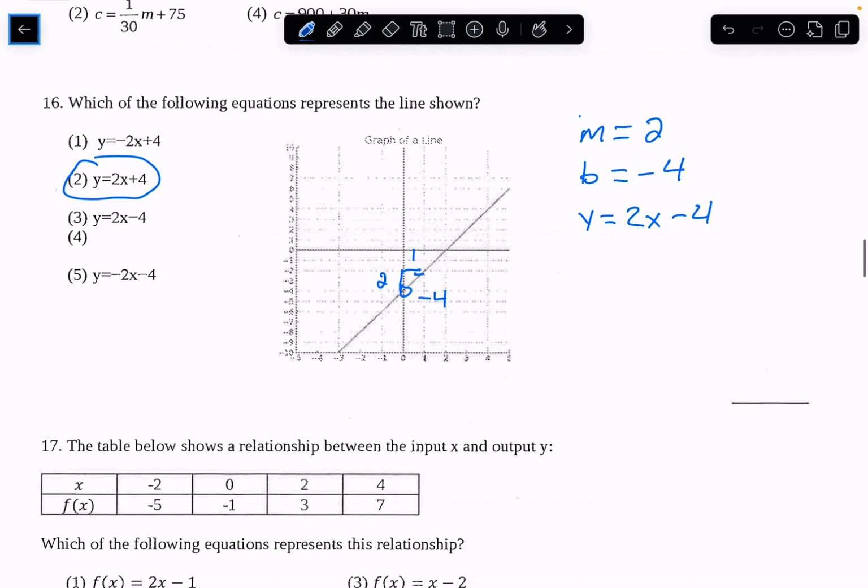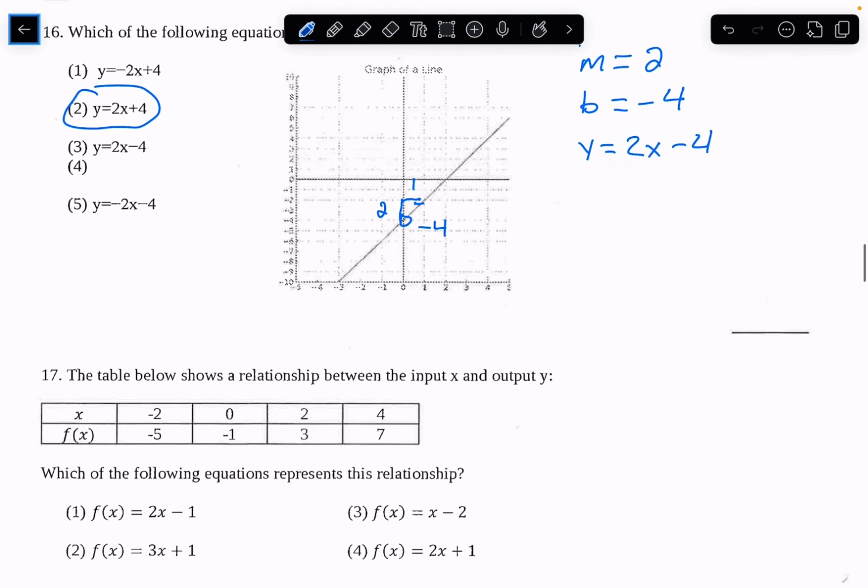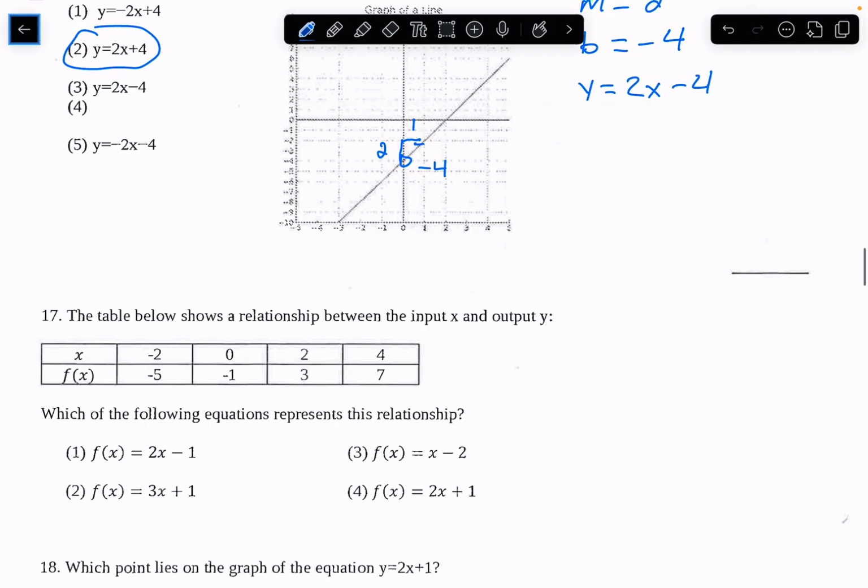All right, in the table below of inputs and outputs, we want to find which one is the relationship here. Well, f of x is y, right? So if we call this one x1, x2, this is y1, and y2, we can find the slope, right? We take -1 minus -5, over 0 minus -2.